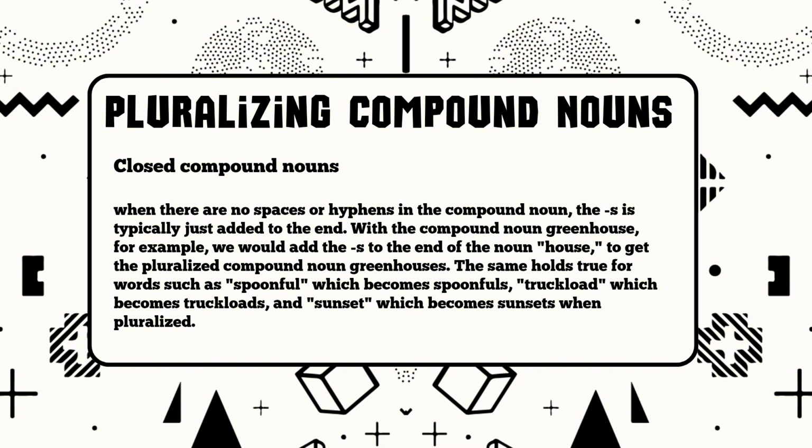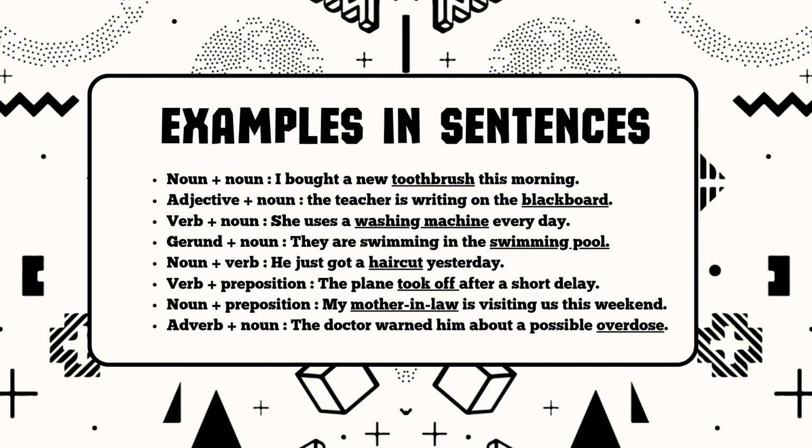The same holds true for words such as spoonful, which becomes spoonfuls, truckloads, which becomes truckloads, and sunset, which becomes sunsets when pluralized. Here are some examples of compound nouns used in sentences.